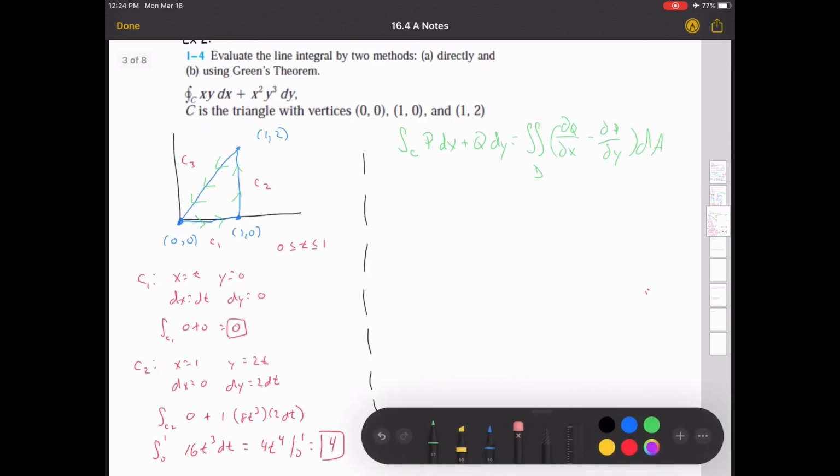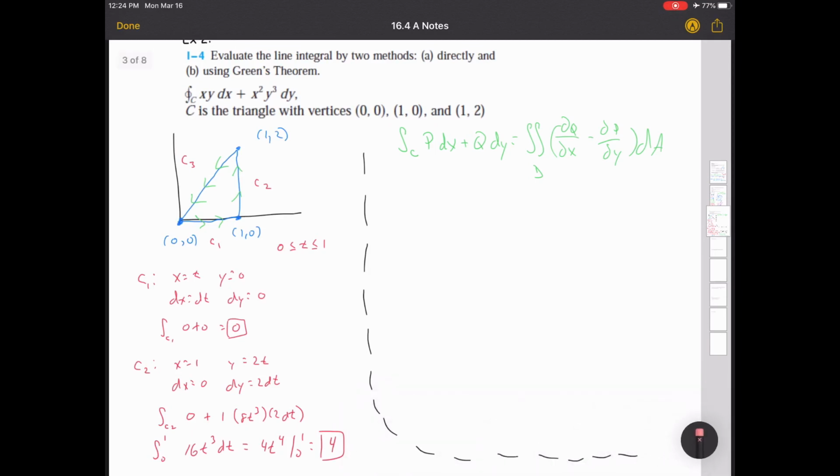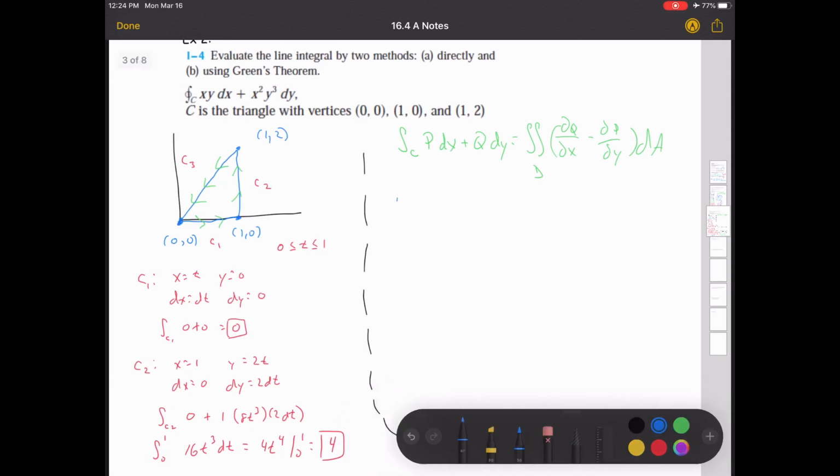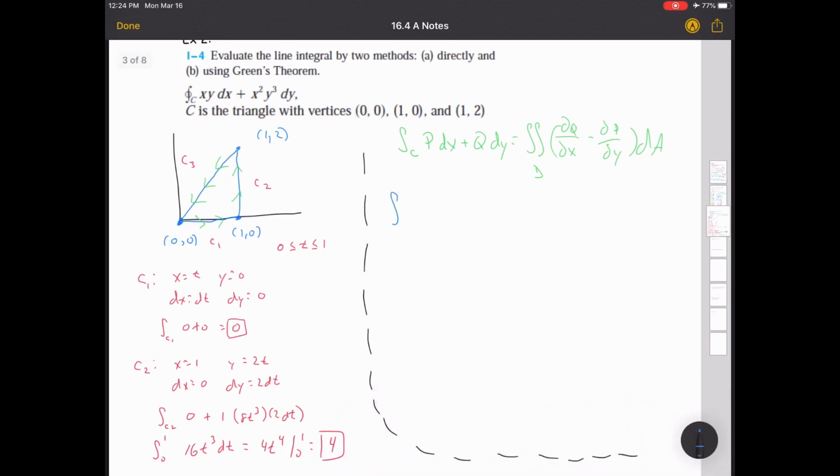Okay. All right, so let's show it. Well, my region as a type 1, I think still type 1 would be easiest, so we'll go dy dx. If that's the case, x goes from 0 to 1, and y has to go from a function to a function.